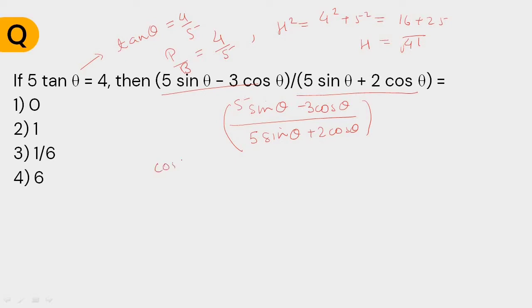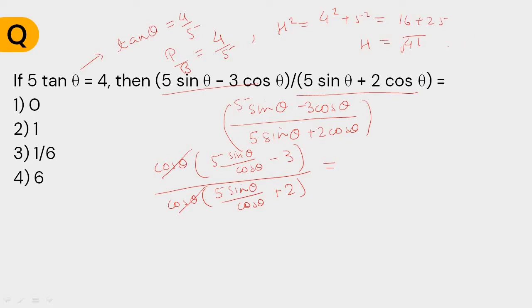We can just take cos theta common. Here comes 5 sin theta upon cos theta minus 3, whole upon cos theta again common here, 5 sin theta upon cos theta plus 2. Cos theta cancels. Sin theta upon cos theta, what is this? What is sin theta? P upon h. What is cos theta? B upon h. This h and this cancel.